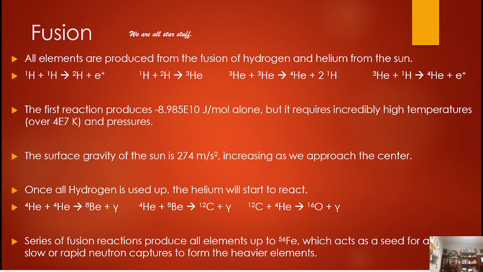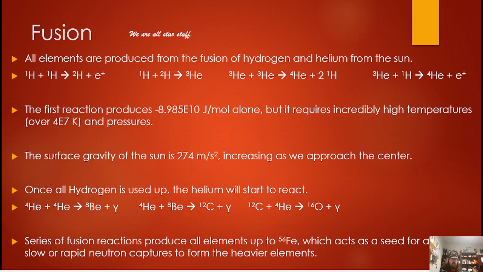It's 274 meters per second squared on the surface of the sun, and it only goes higher as we approach the center. So it's already at very high pressure, but it's not that every ball of hydrogen will react. You just need really high pressures and very high temperatures to achieve this.